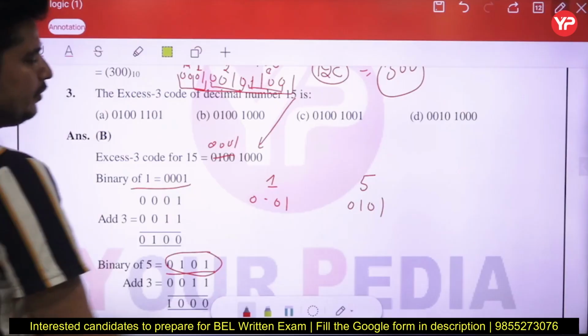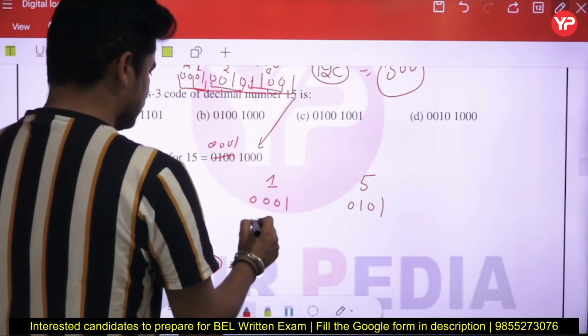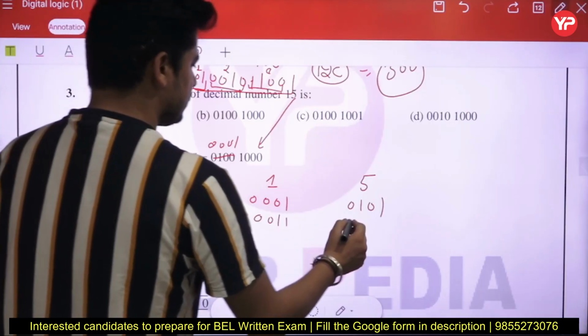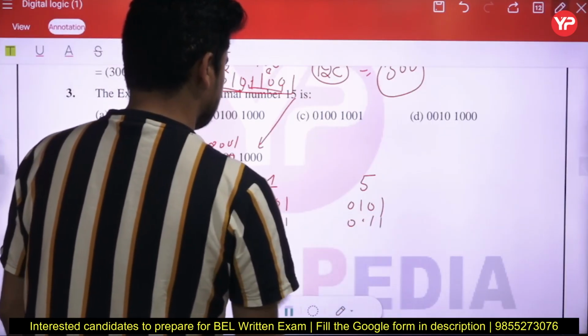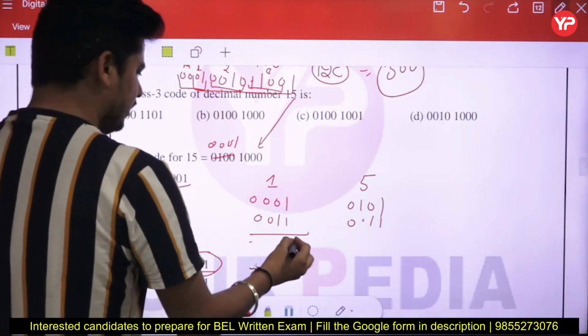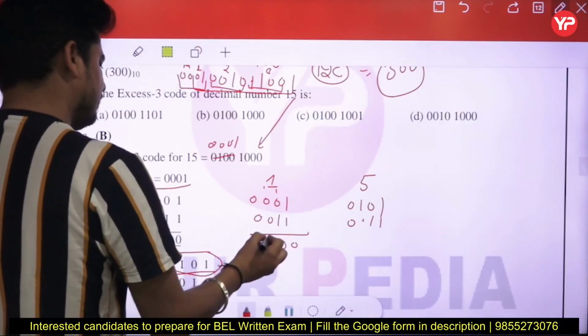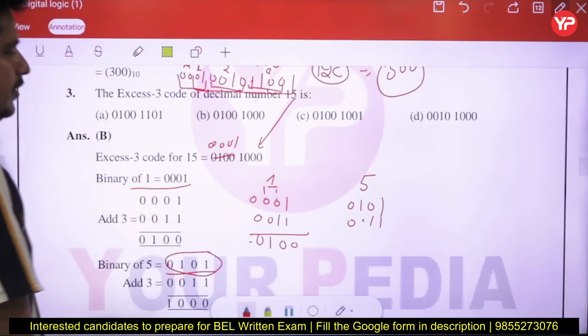Then you have to individually add the 3. Excess 3 code means you have to add 3 in each digit, right? That is 0011. When you add them, 1 plus 1 is going to be 0, 1 carry here, 1 plus 1 is 0, 1 carry, so 0100, right?